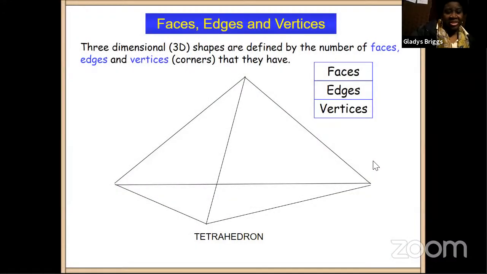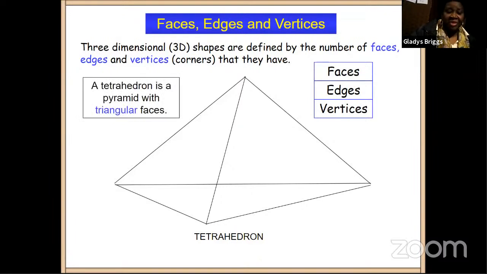So 3D shapes are defined by the number of faces, edges, and vertices or corners that they have. A tetrahedron is a pyramid with triangular faces. This one has all triangular faces.